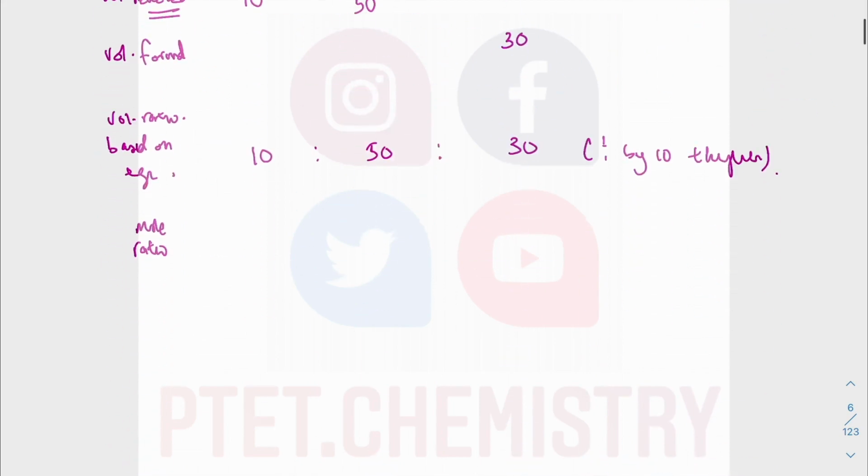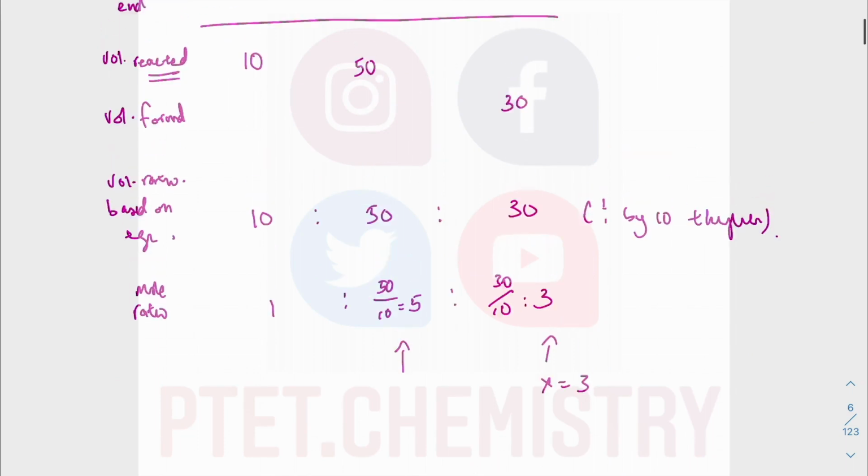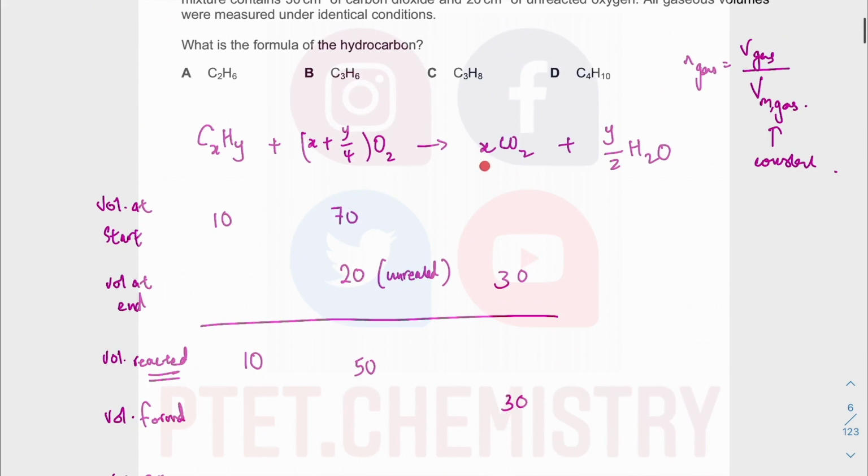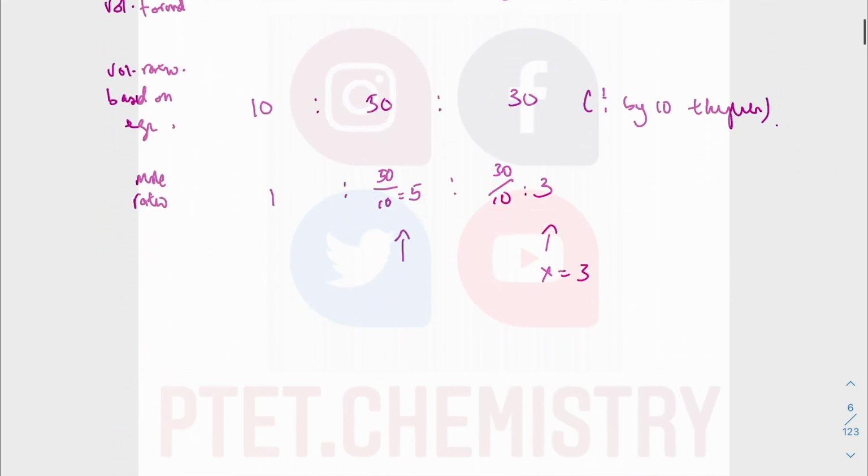So to compare coefficients, you need that to be 1. And 50 divided by 10 will give you 5, and 30 divided by 10 will give you 3. So what do we have? We know that x is equal to 3 because the number in front there represents the mole. So we get it to be 1 is to 3, so x must be 3. And then x plus y over 4 equals 5.